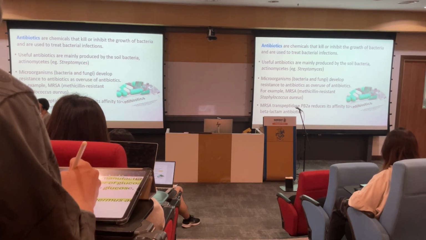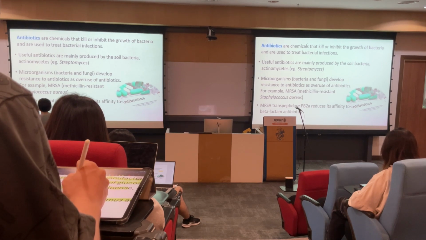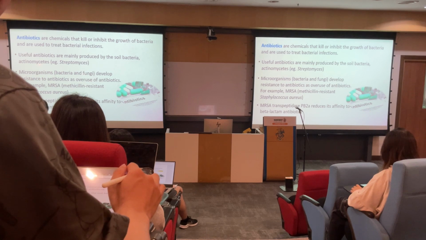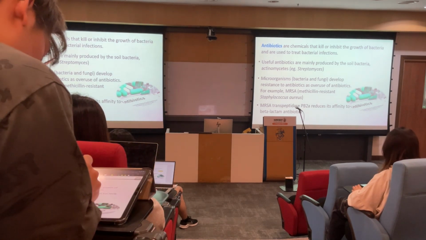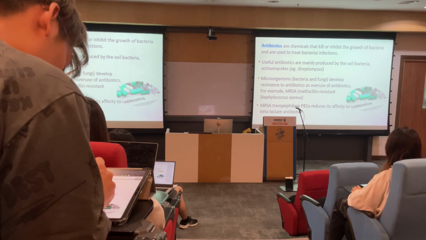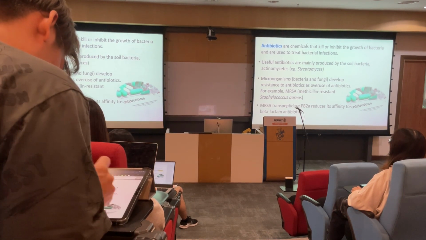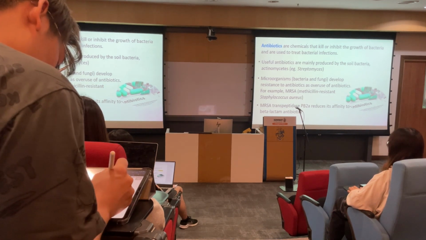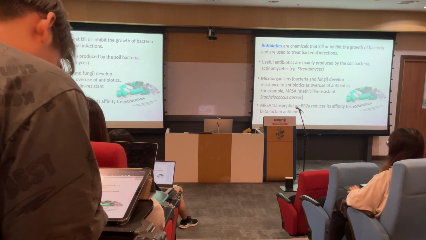People have been looking for new antibiotics, and the first thing they would do is explore soil bacteria that contain Streptomyces and try to find a new strain able to make a new antibiotic. Of course, now we are not taking this approach anymore.